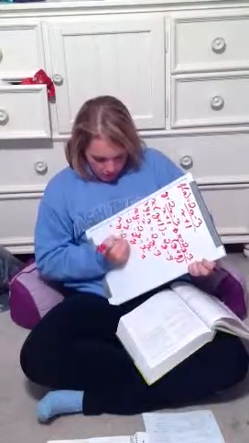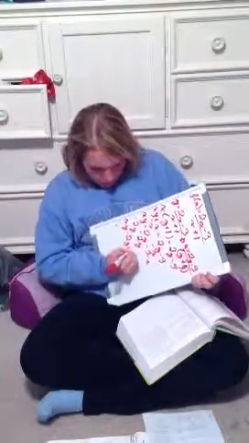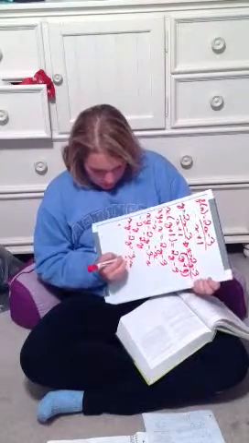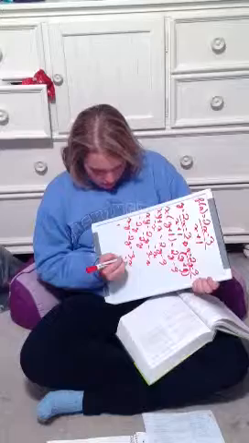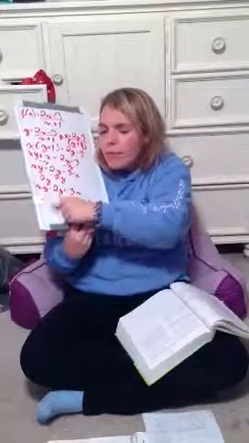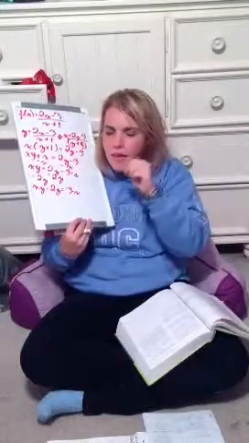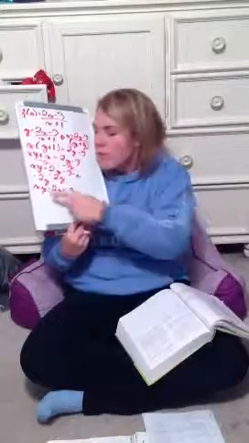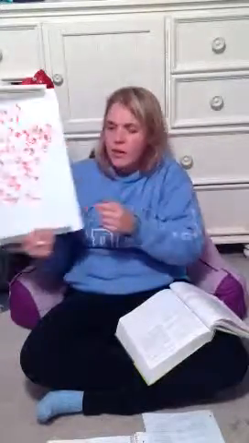xy - 2y = -3 - x. Now, what you do with this is it's kind of like factoring it out, because you have two variables that are the same.